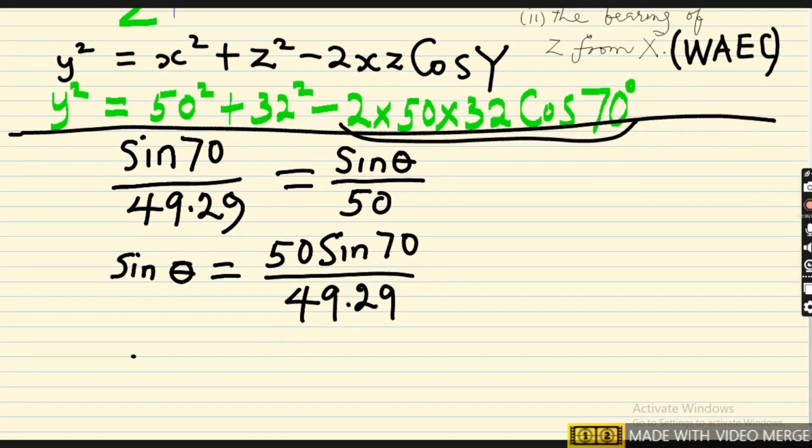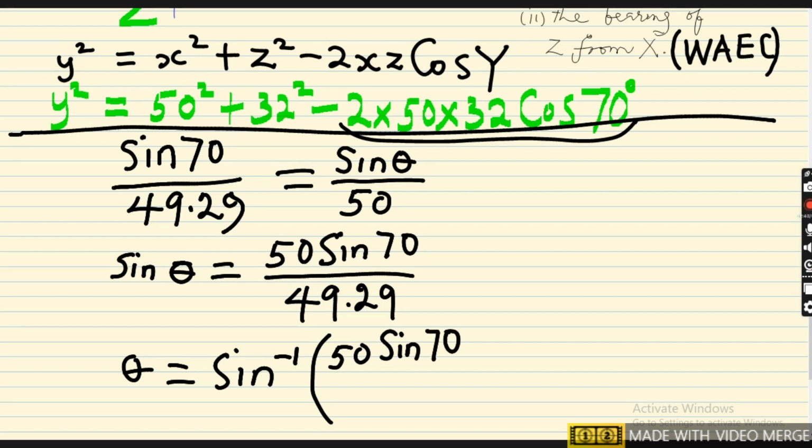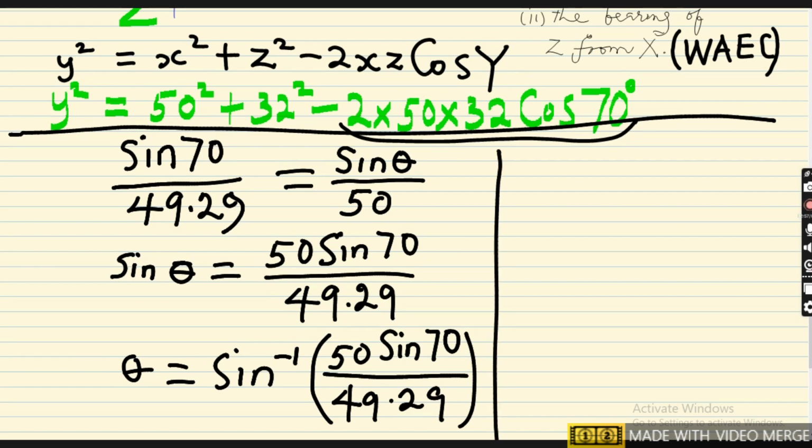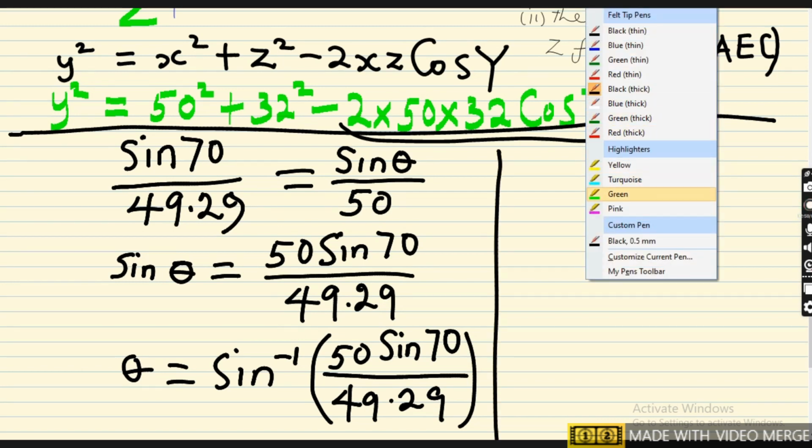In fact, you can also say theta is equal to arc sine, or sine inverse, of whatever we get when we compute 50 sine 70 divided by 49.29. Okay, let me just continue up there.